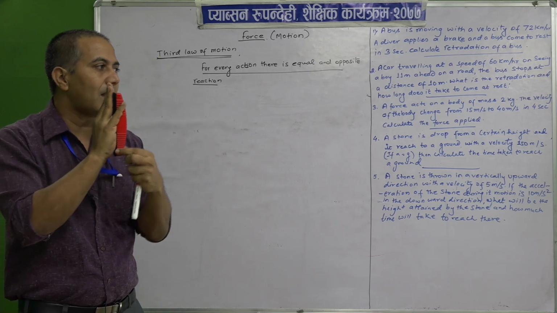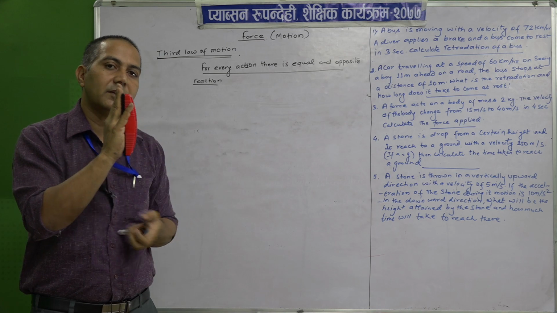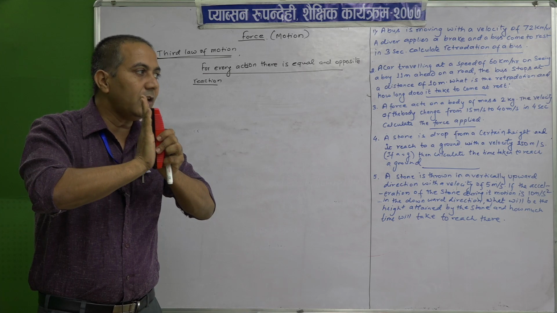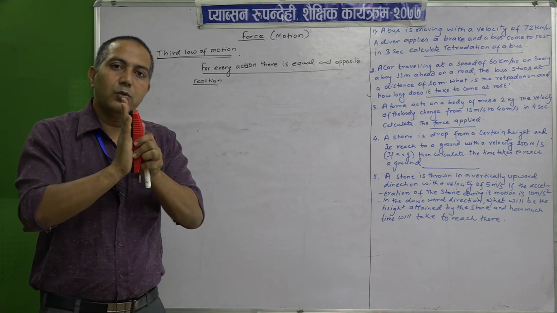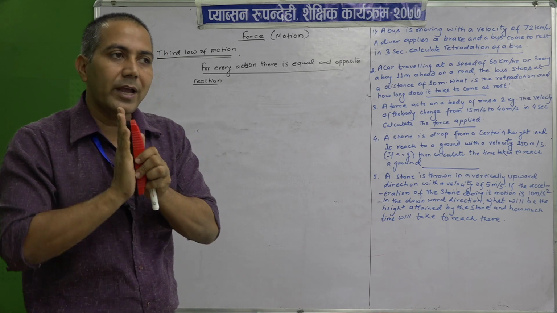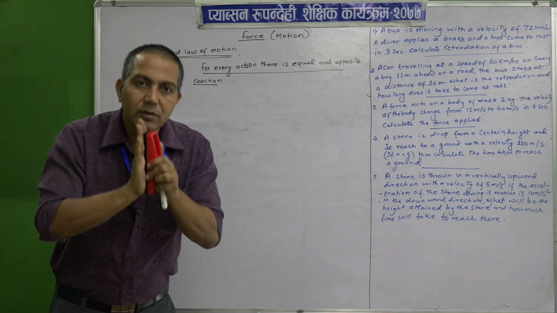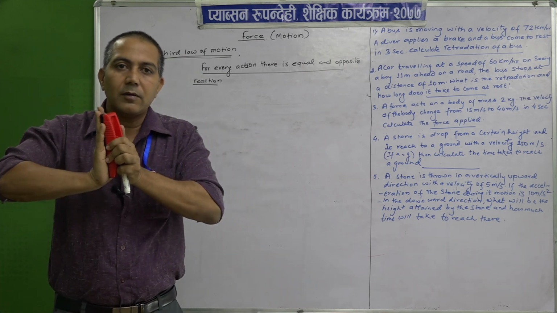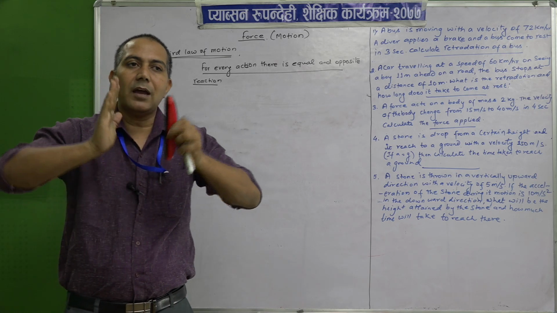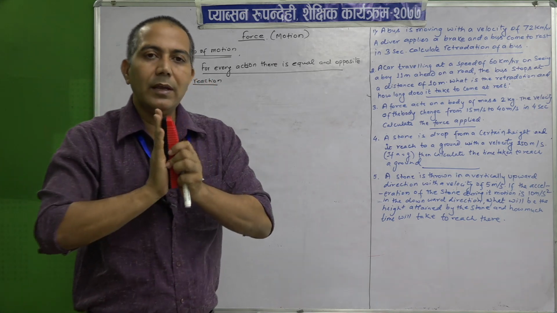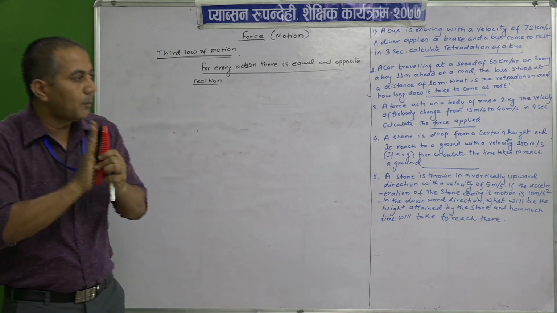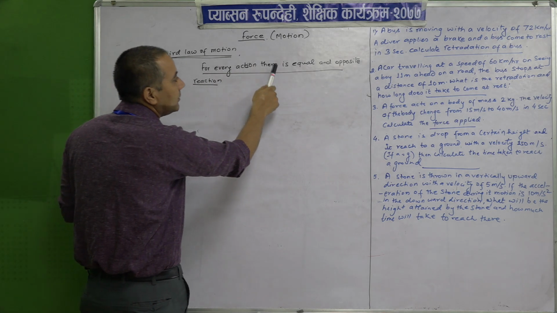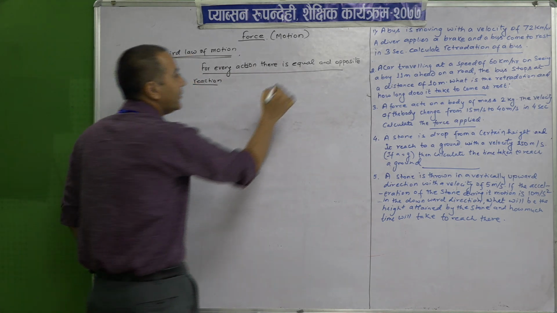Suppose this is a wall, or let us take the duster as a wall. We force it by hand, then it will force our hand, and that will be the reaction, the opposite force. We are pressing this side and the wall is pressing this side. That means our force is equally exerted back. Therefore, it is defined that for every action there is an equal and opposite reaction.